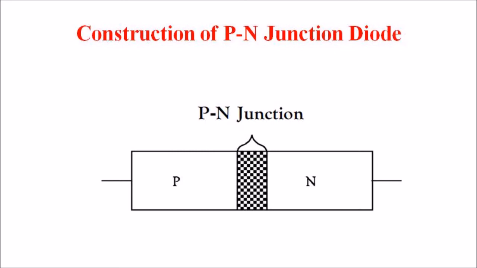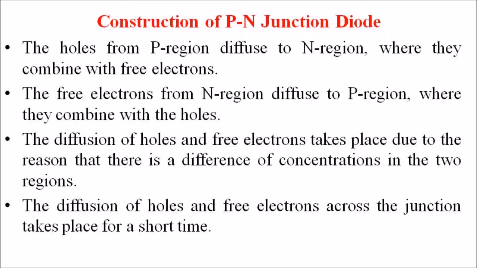While fabricating a p-n junction, the following processes take place. First of all, the holes from the p region diffuse to the n region where they combine with free electrons. Secondly, the free electrons from the n region diffuse to the p region where they combine with the holes.